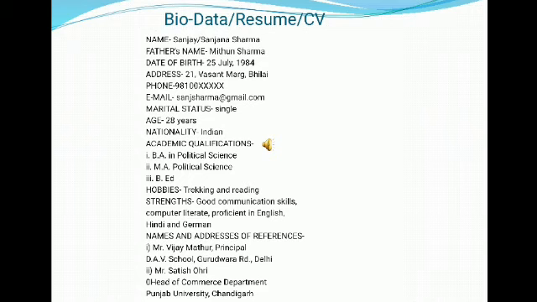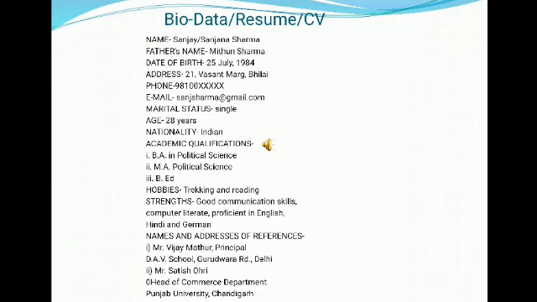Then academic qualification, so this should be written in tabular form. The previous format is there, and as per the format, it should be presented that way.